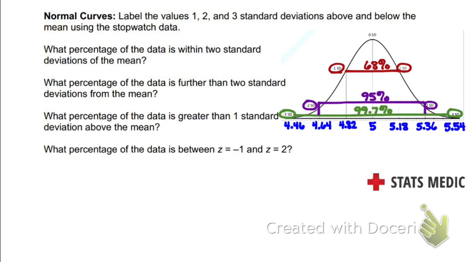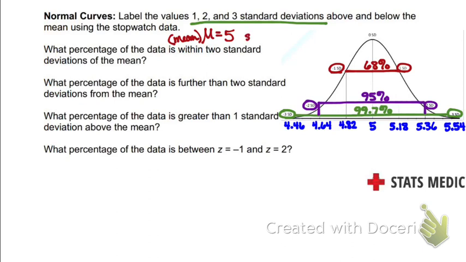We're labeling this with 1, 2, and 3 standard deviations. So for this particular distribution, mu, our mean, for all practical purposes was 5. 4.99, that is a mean of 5.